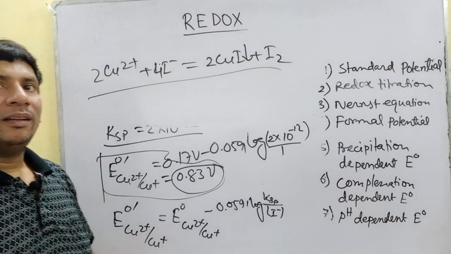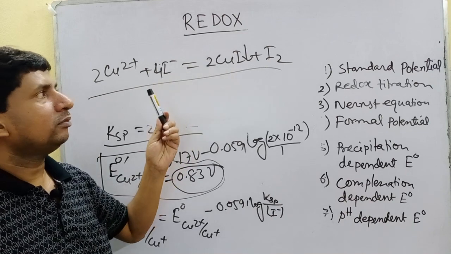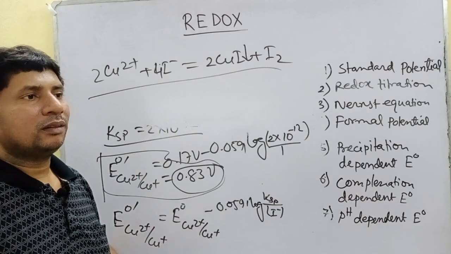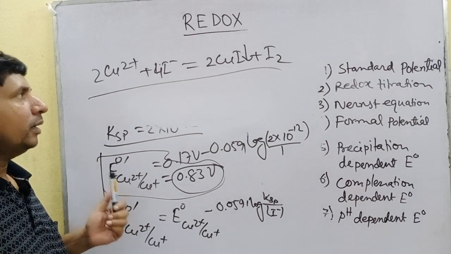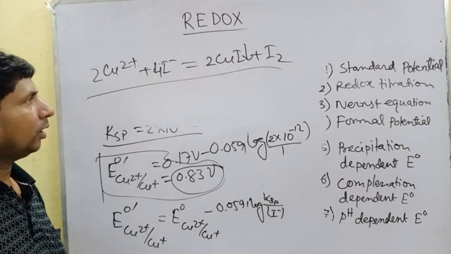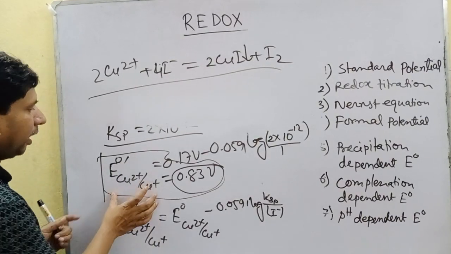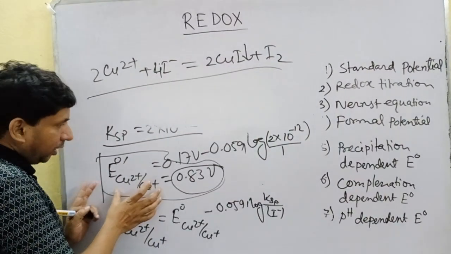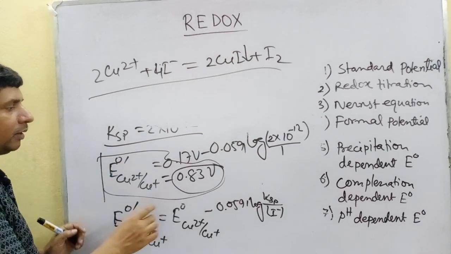The reduction potential of copper 2 plus to copper plus is now higher than that of iodide.